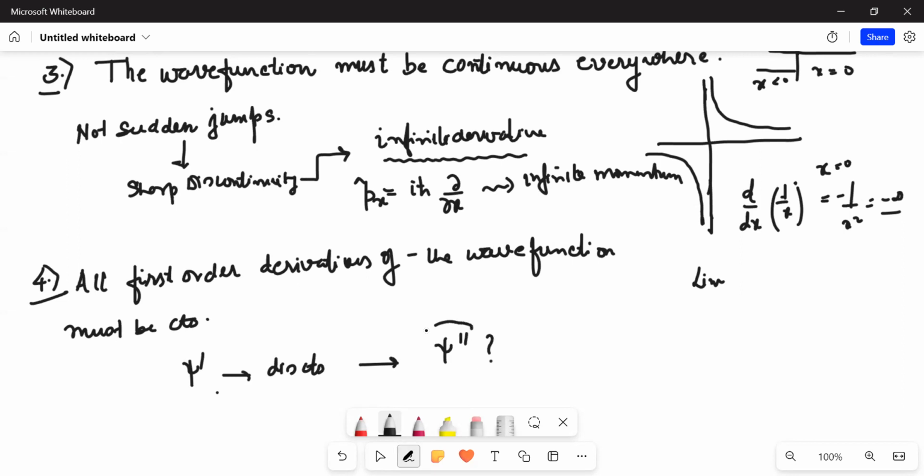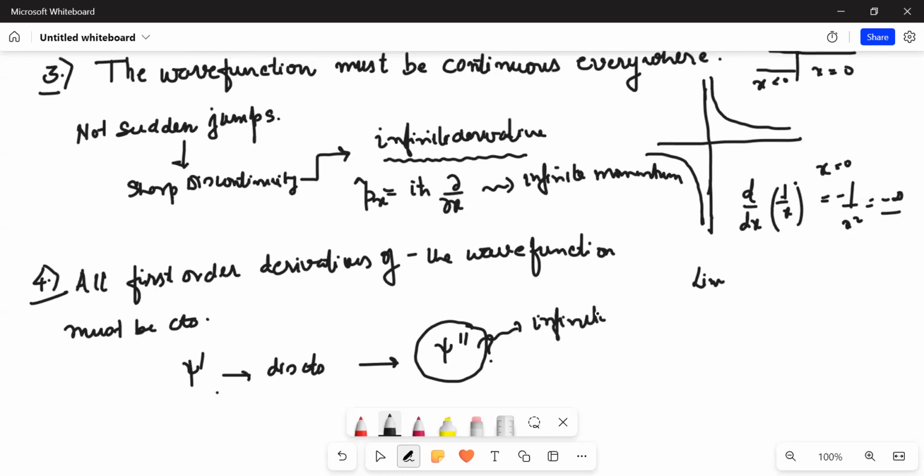Because if the first order derivative is discontinuous at a point, then at that point the function would be non-differentiable. So the second order derivative is either not defined, or there would be an infinite second derivative.